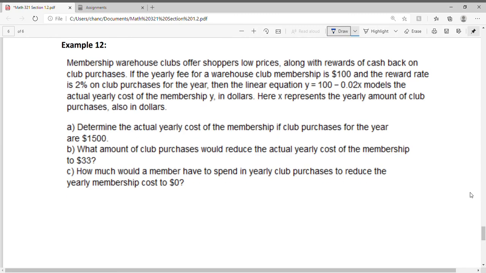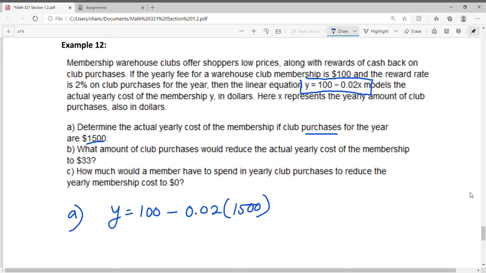In part A, determine the actual yearly cost of a membership if the club purchases for the year are $1,500. What I need to do is use this formula and plug in x of $1,500. We have 100 minus 0.02 times 1,500.